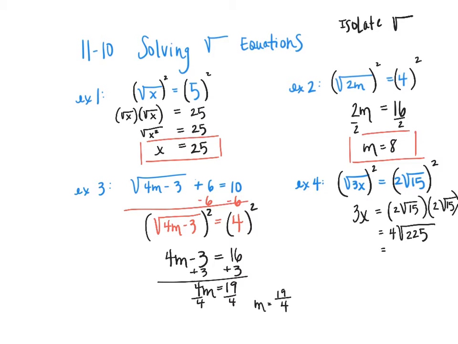Well, that's going to end up being 4 times 15, which is 60. So if you were to do that by hand, where you couldn't use a calculator, those would be your steps. And then on the left, we still have 3x. And then we can solve, and we have x equals 20. And so, of course, you can plug that in to check, but it will check.